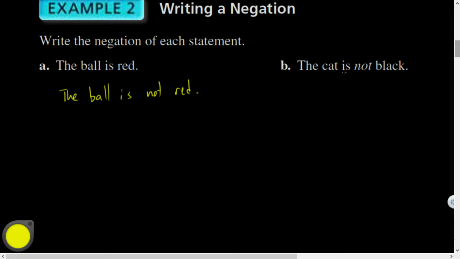Now this one's slightly trickier. What is the negation of the statement, the cat is not black? The cat is not black, double negative, or the cat is black, right? At this point, you guys are like, this is the weirdest stuff.